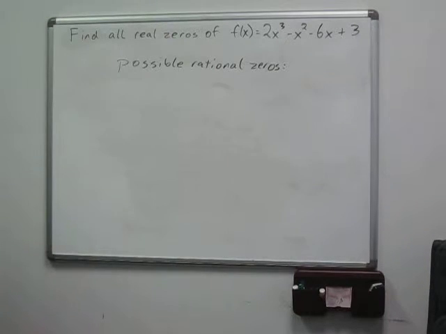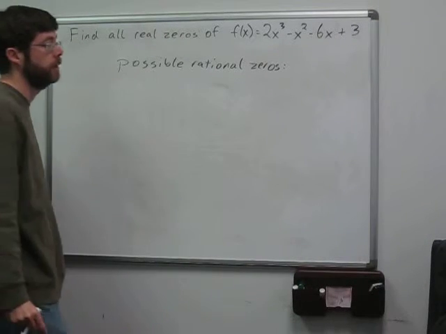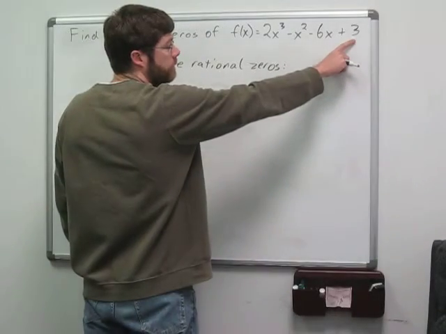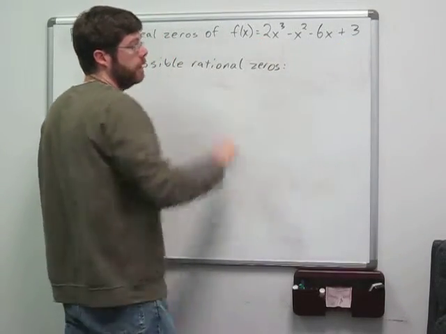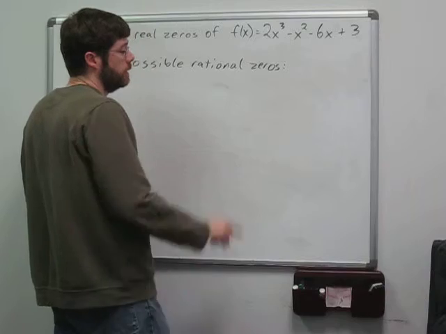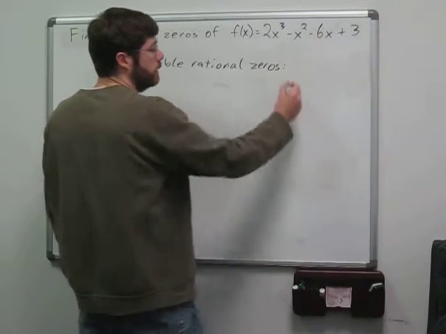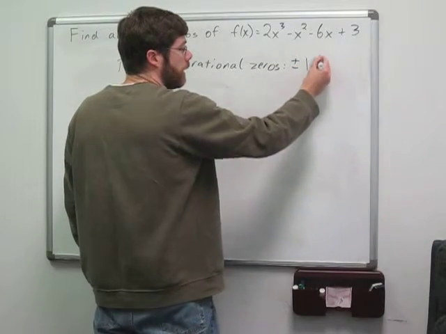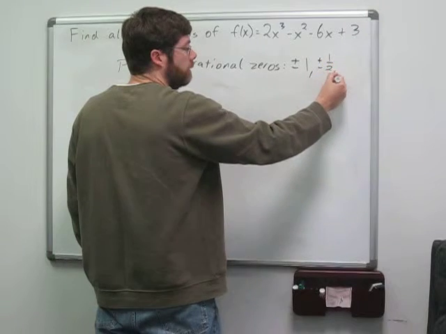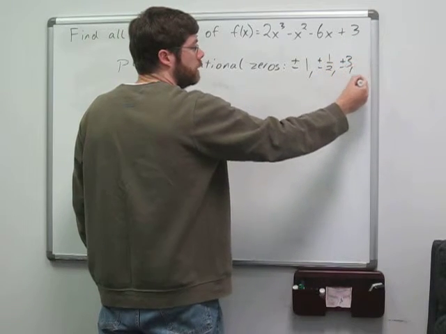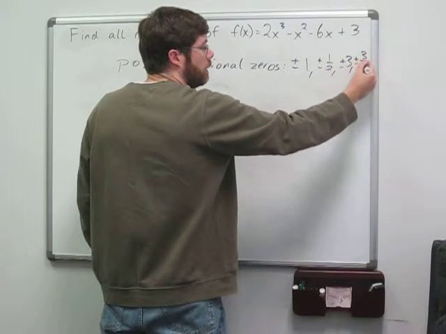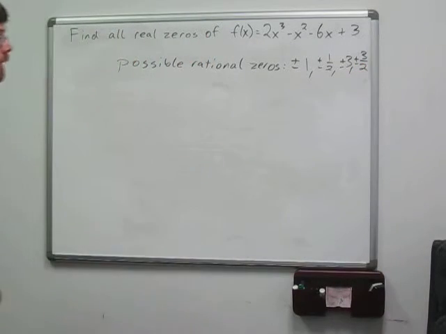Recall that the rational zeros, if there are any, of this polynomial must have a numerator that is a factor of 3 and a denominator that is a factor of 2. So the possible rational zeros are plus or minus 1, plus or minus 1/2, plus or minus 3, or plus or minus 3/2.